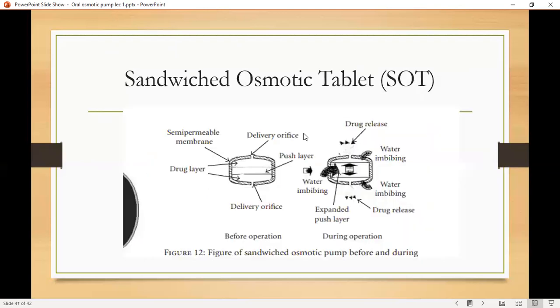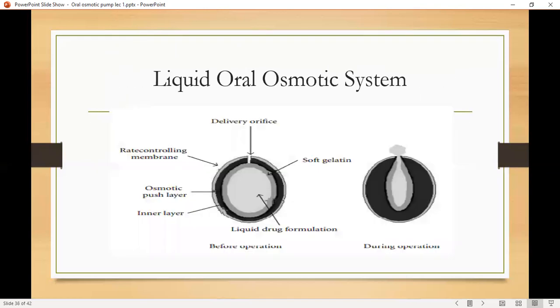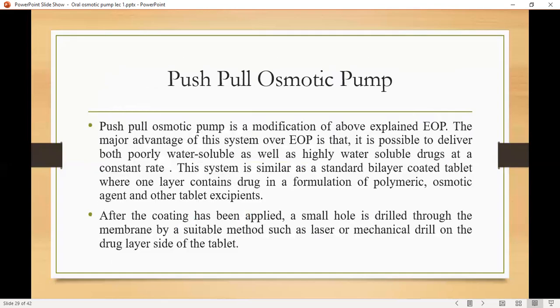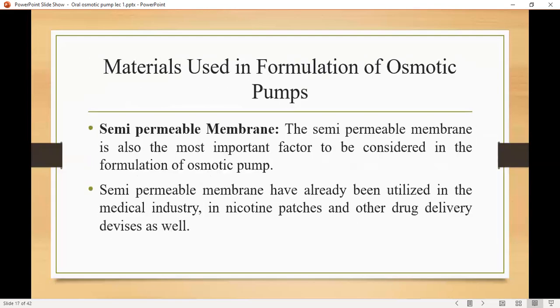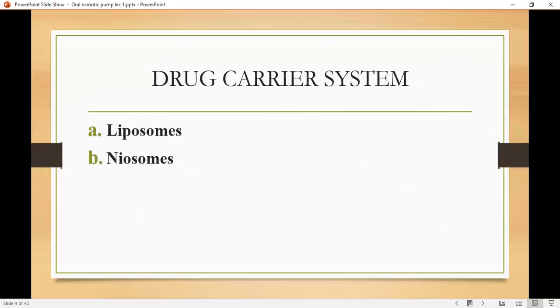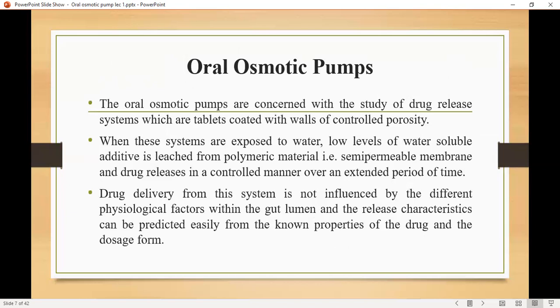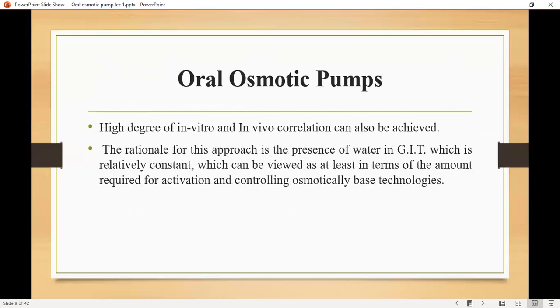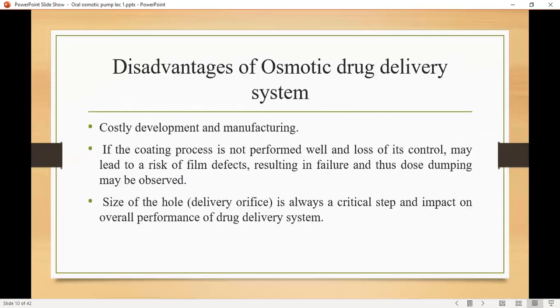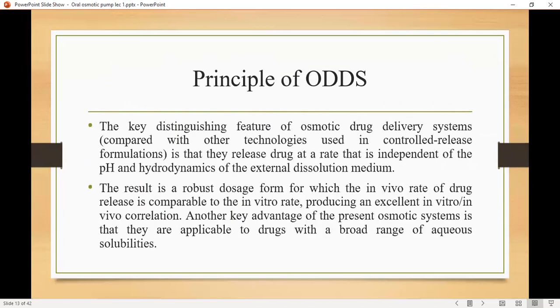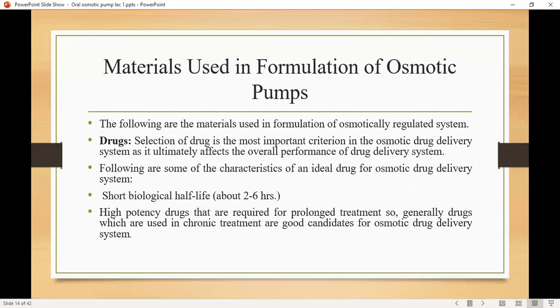So students, if we are going to summarize the lecture, first we discussed the course content in the first lecture, and then we discussed the oral osmotic pumps. We discussed that these formulations are available mostly in the form of tablet dosage form, and these tablets are formulated with main materials used in the formulation of oral osmotic pumps.